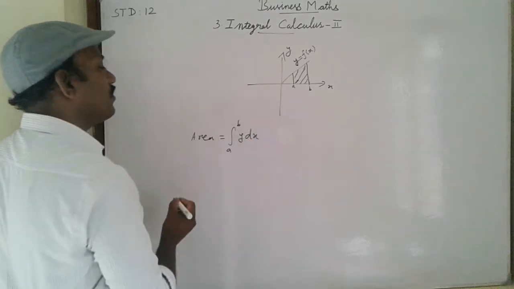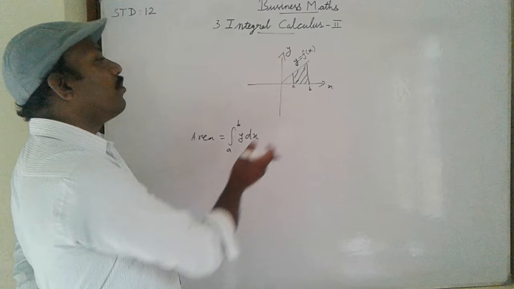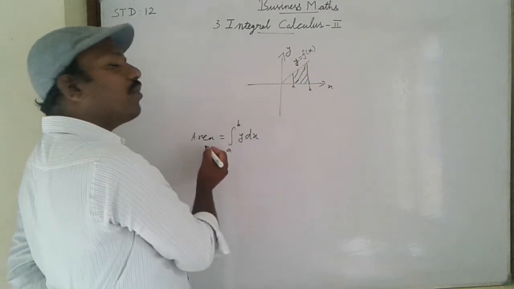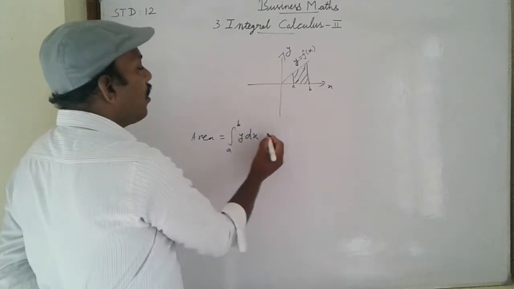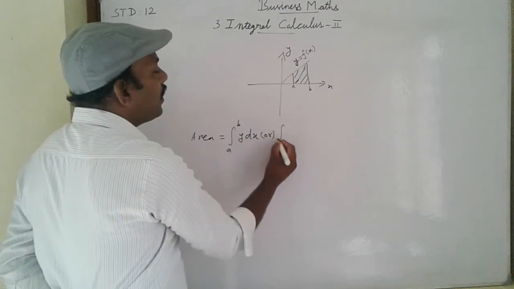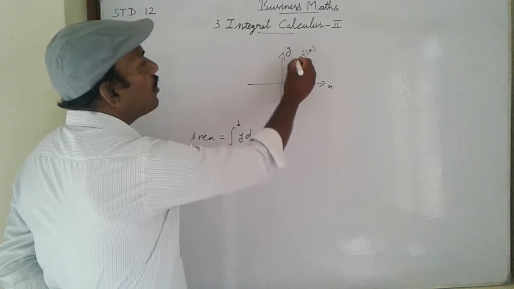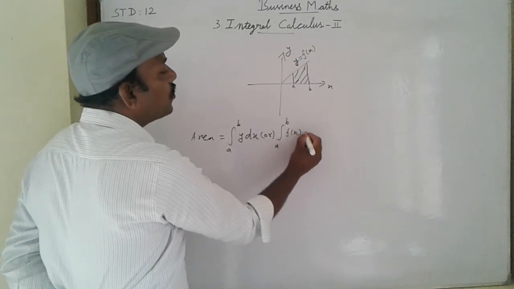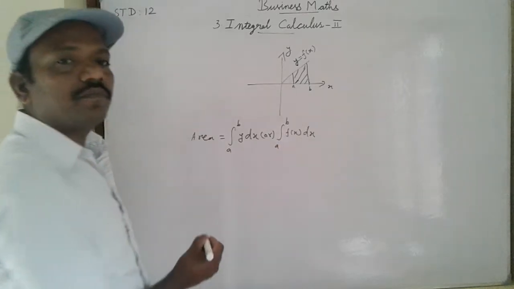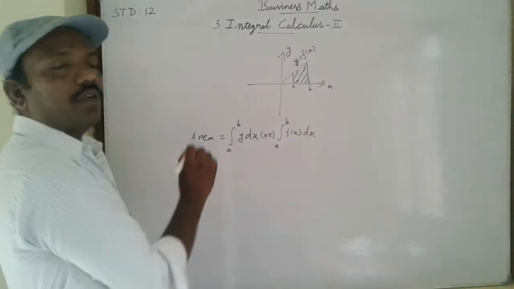That is the area formula. So above the x-axis, the area equals the integral from a to b of y dx, or the integral from a to b of f of x into dx. So this is the formula.